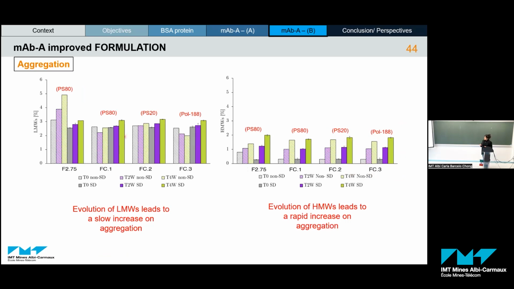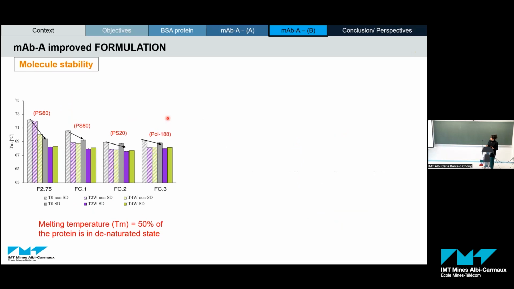For the low molecular weight species, it's known that their presence does not tend to increase in the same way as the high molecular weight species after creating the conditions for the stability test. Nevertheless, for both species of high molecular and low molecular weights, what we observe is that they are still within the limit that we could expect for the spray drying of a stable monoclonal antibody.